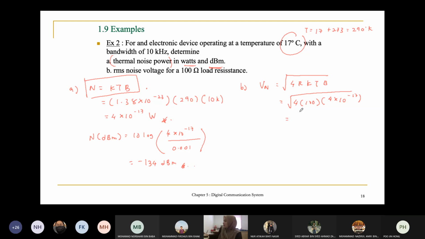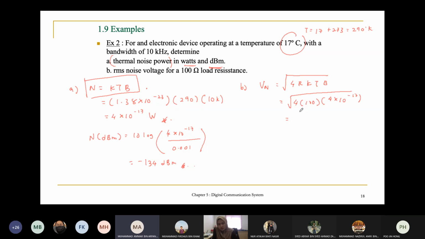So you will get 1.26 times 10 to the power of negative 7.